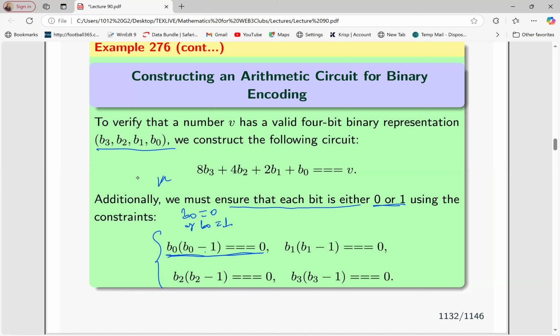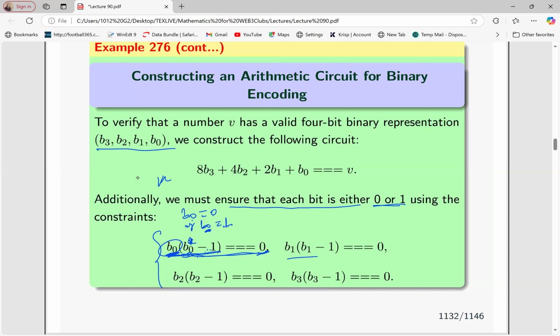For instance, if B0 is 0, then multiplied by whatever is inside this bracket, the answer will be 0. And if B0 is 1, then whatever is inside the bracket is 0, because 1 minus 1 gives you 0. So you multiply by whatever is outside, and the answer becomes 0.